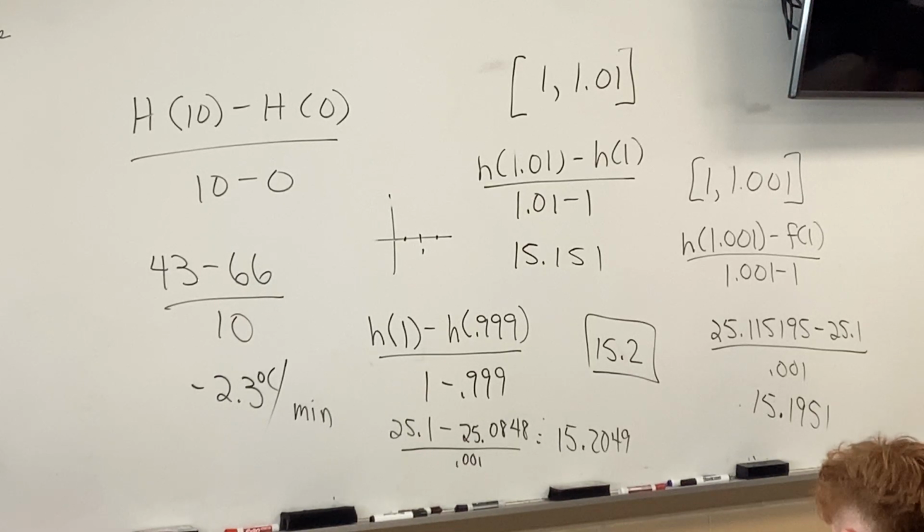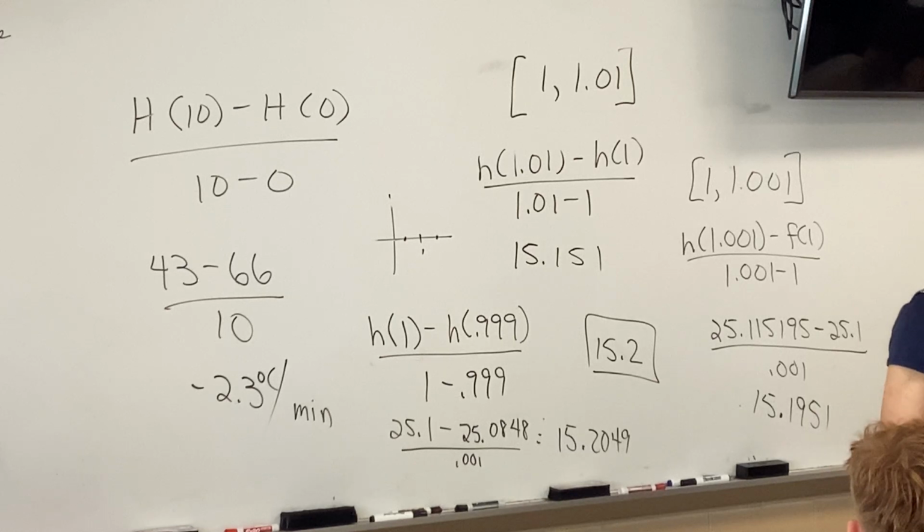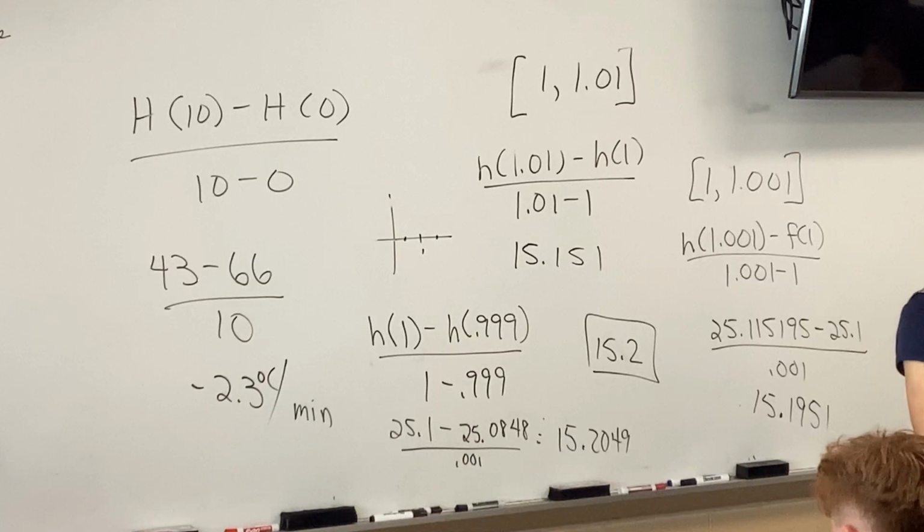So can we find, first of all, do you think that's a linear relationship or a parabola? Do you think that's a line or a parabola? That's linear, right? And with a slope of 2? All right, so can we find that?